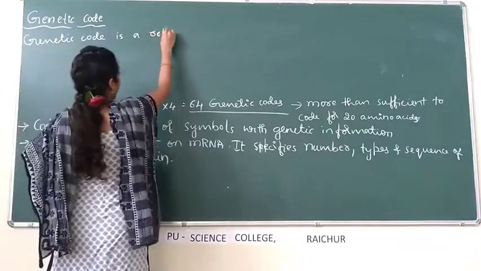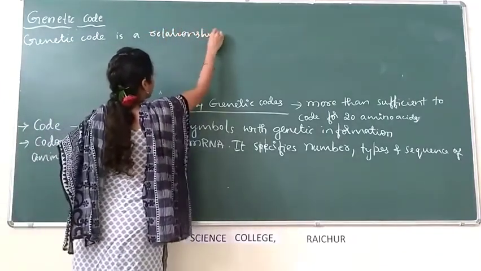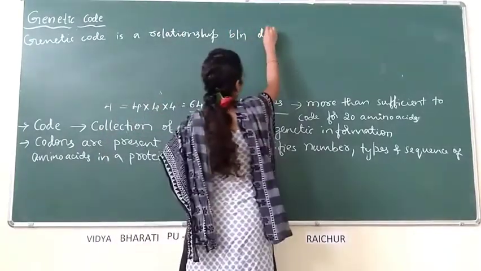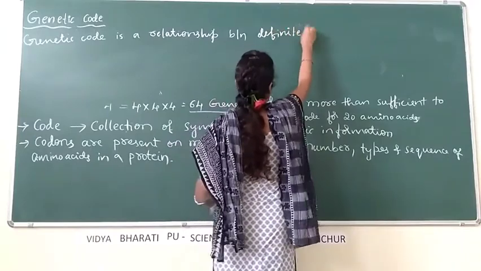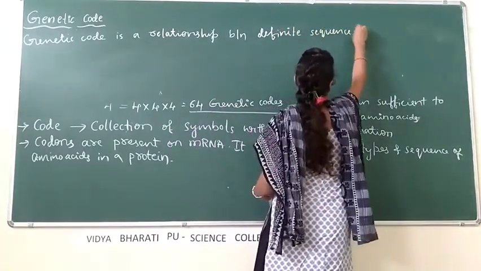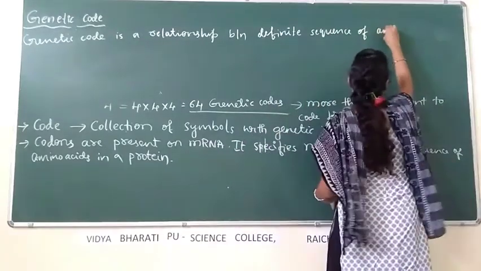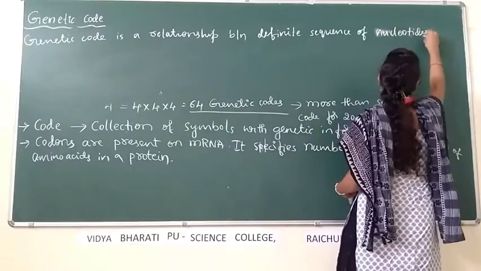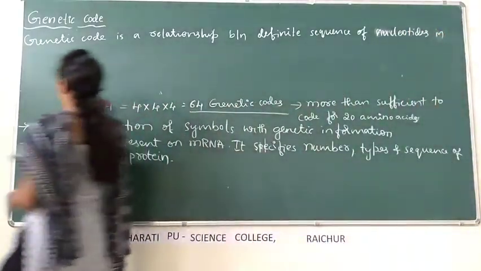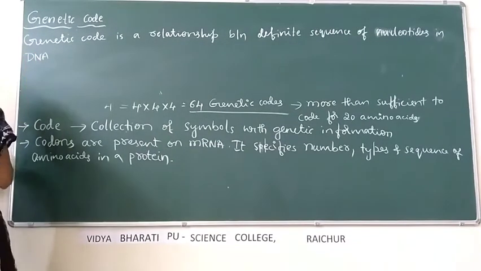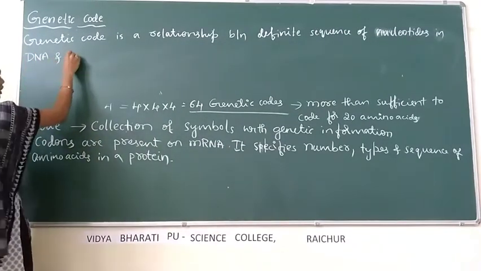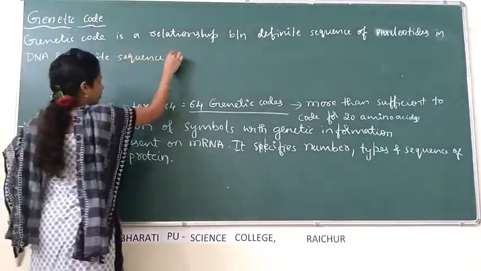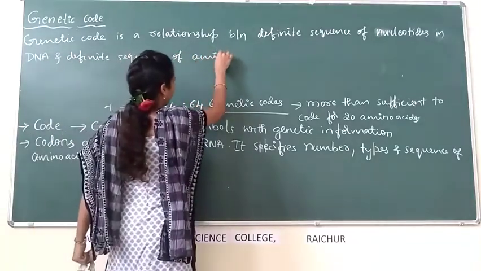Genetic code is a relationship between a definite sequence of nucleotides in DNA and a definite sequence of amino acids in a polypeptide.